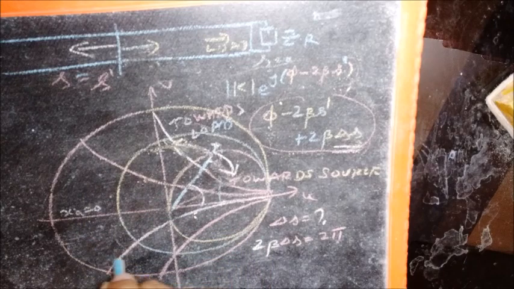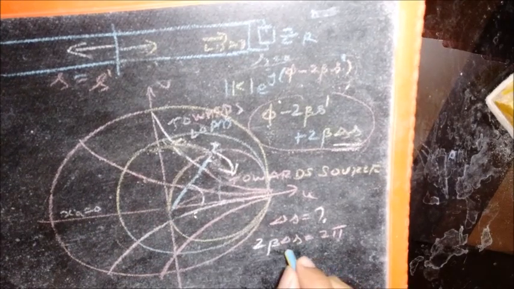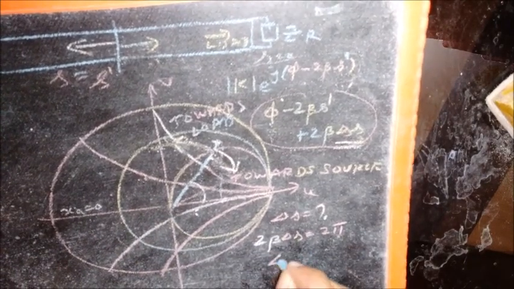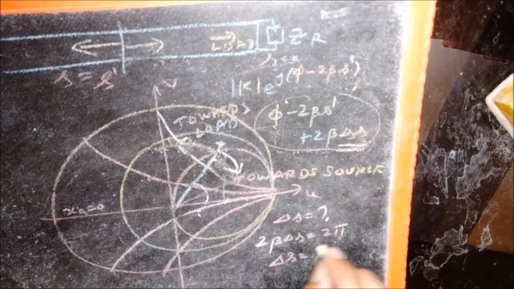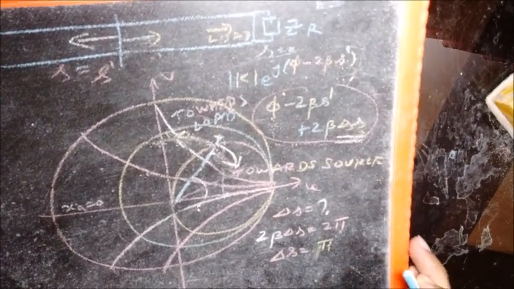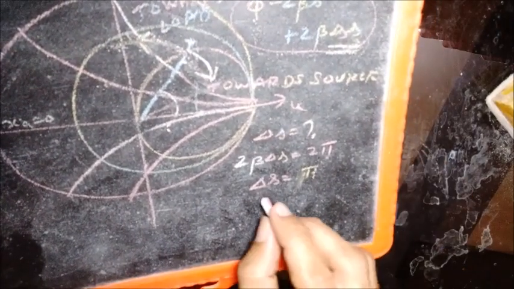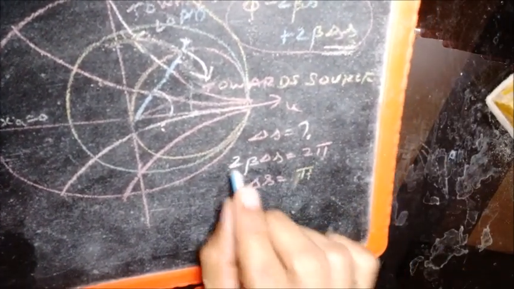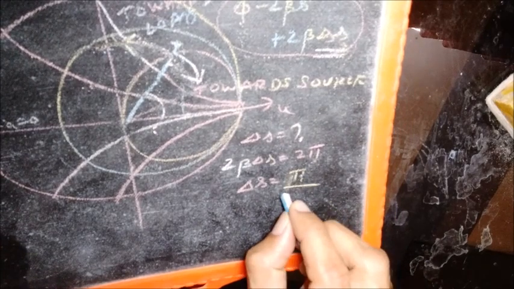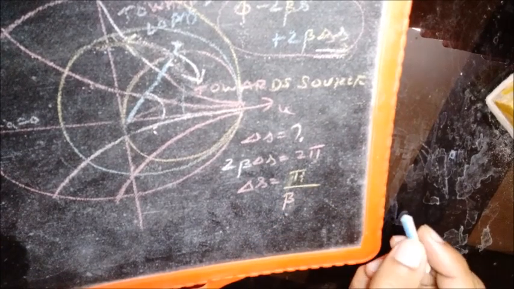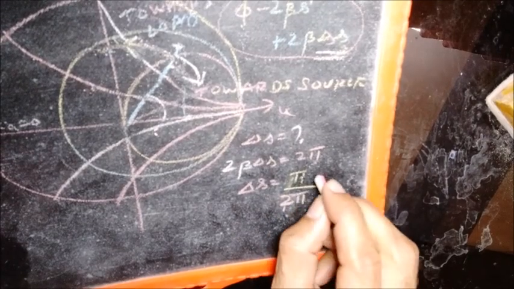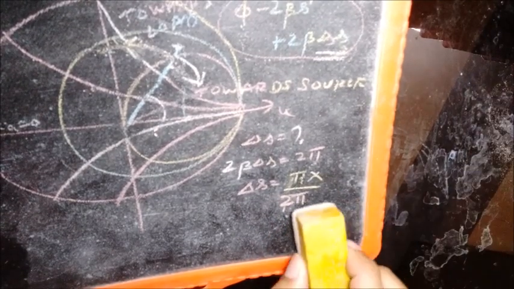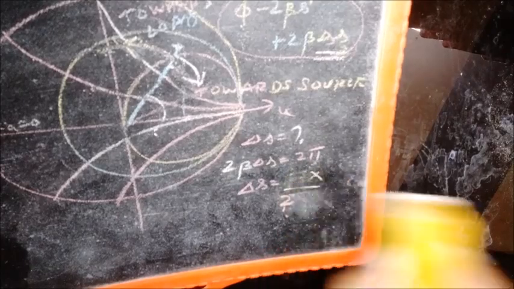which takes this around once and brings it back here, is found by this, and that delta S is given by pi, 2 cancels, pi divided by beta, and beta is 2 pi by lambda. Pi and pi cancel.